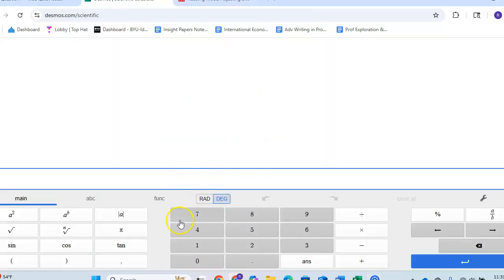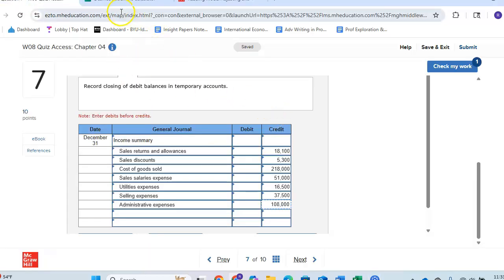So I just have Desmos up for a basic calculator. You can use whatever calculator. I mean, Excel is a pretty good calculator too.